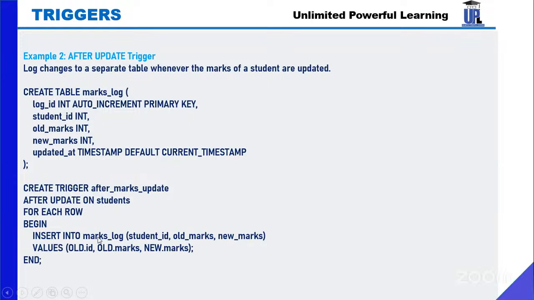So insert into marks log the details of student ID, the old marks he has scored, and the new marks he scored. These are the values we are passing, and finally it is going to end. This is how the trigger will be created for the update command. When you are writing the update query on a certain table, I want to maintain a data entry of that. Then we can write this type of trigger.